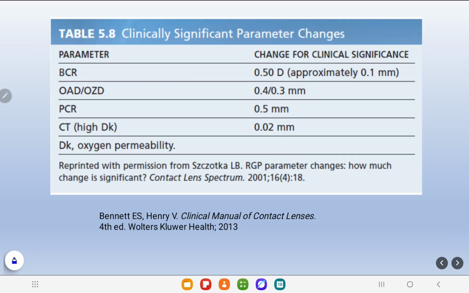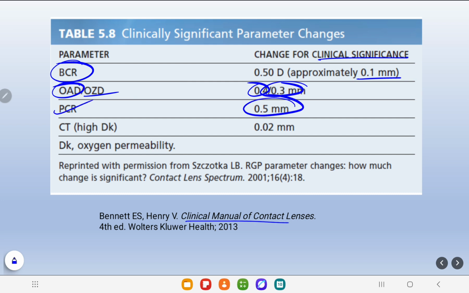So this graph is also one of the good tables I have taken from this book, Clinical Manual of Contact Lenses. So what are the clinically significant parameter changes? See, base curve radius: we have to change approximately 0.1 mm to see a clinically significant change. For overall diameter or optic zone diameter, we have to change approximately 0.4 or 0.3 for a significant clinical change.